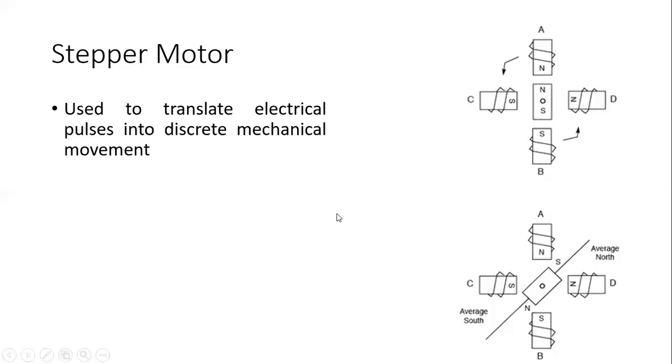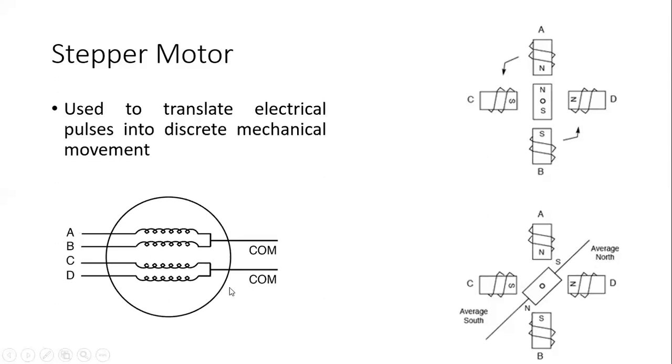These coils are tapped in a way that in each pole of a stator, there will be a coil wound, and they are connected together. You can see that A and B are connected together. Similarly, C and D are connected together, and the two common outputs are center tapped.